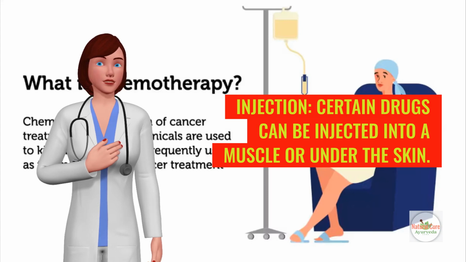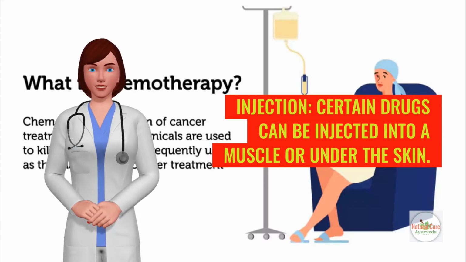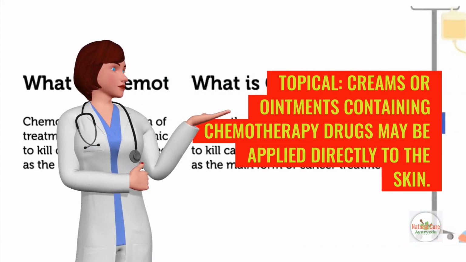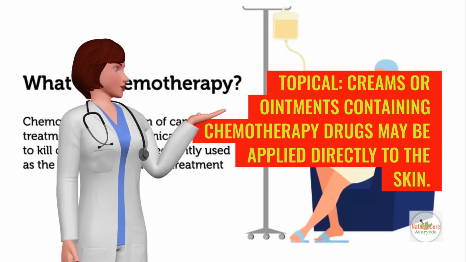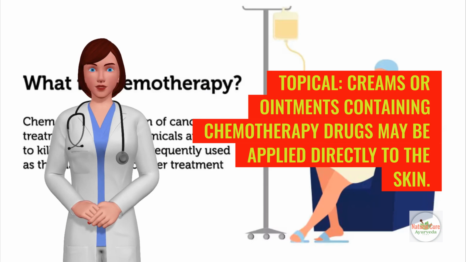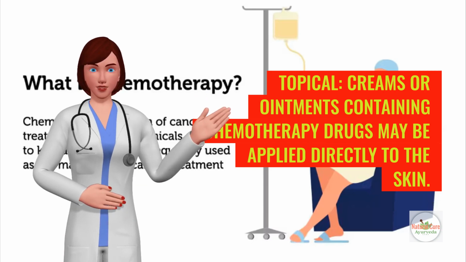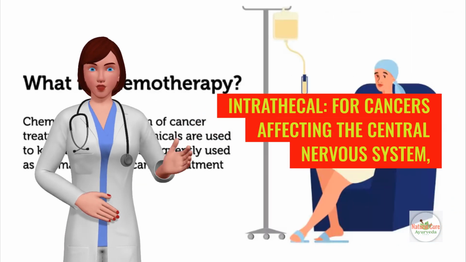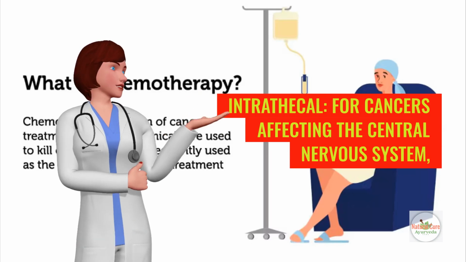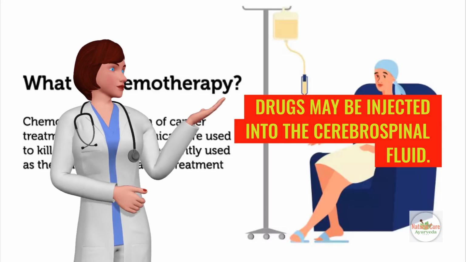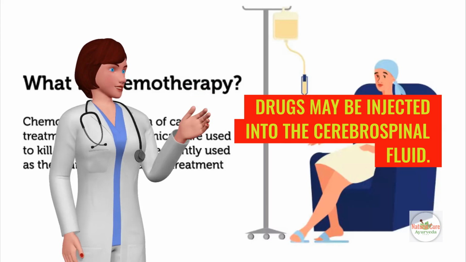Injection. Certain drugs can be injected into a muscle or under the skin. Topical. Creams or ointments containing chemotherapy drugs may be applied directly to the skin. Intrathecal. For cancers affecting the central nervous system, drugs may be injected into the cerebrospinal fluid.